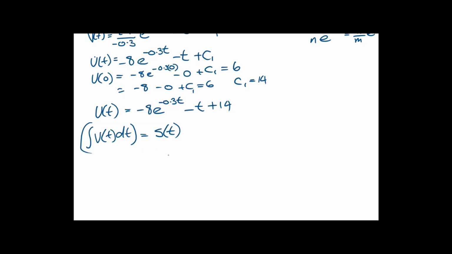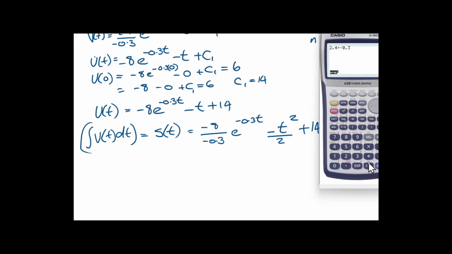So let's take this and integrate: minus 8 divided by minus 0.3 e to the minus 0.3 t minus t squared over 2 plus 14t, plus a second constant.